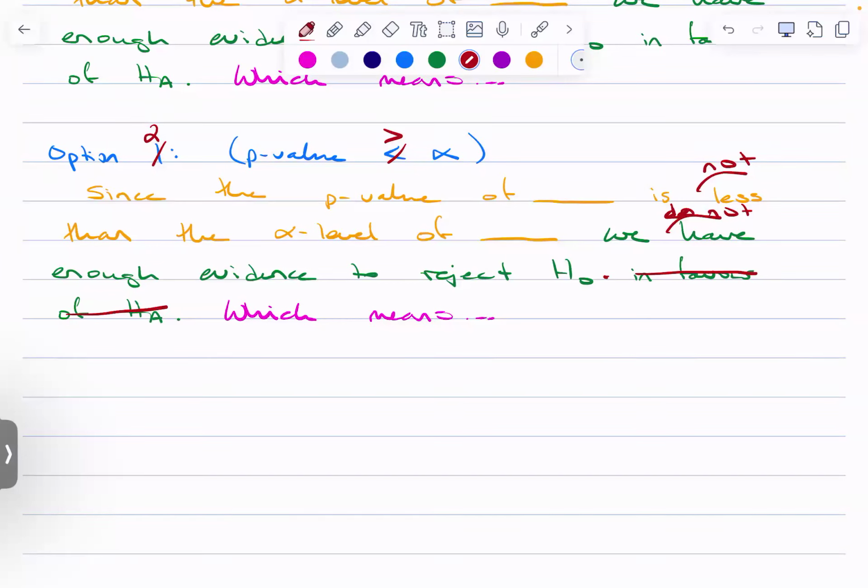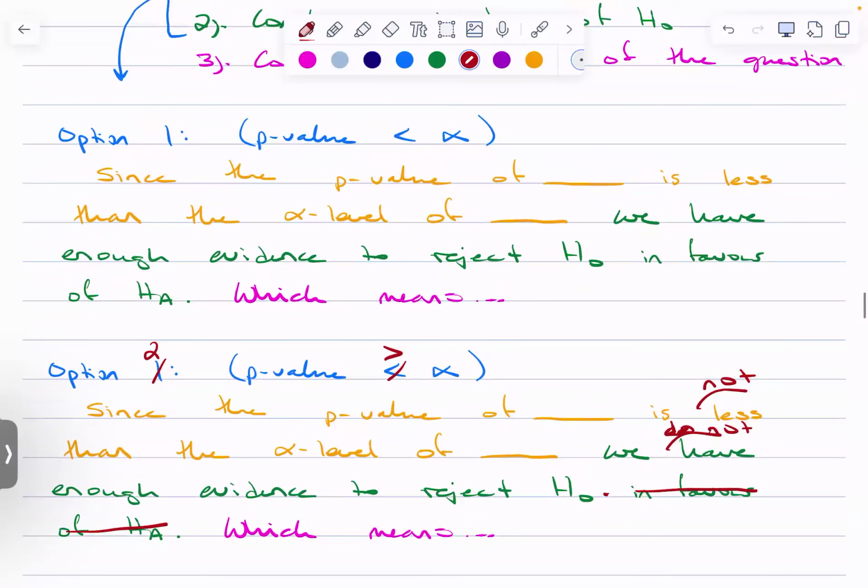It's not incorrect to keep it, but you'll be bored of writing at that point. Which means what? So not rejecting H naught means something in terms of the question. So that's why I like you to use is less than or is not less than the alpha level, because then you can just tweak it and say we have enough evidence or we do not have enough evidence to reject H naught.